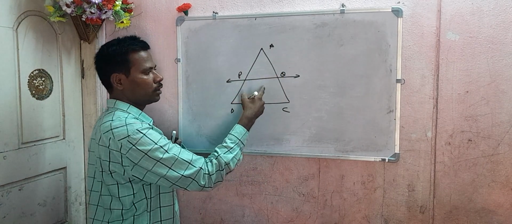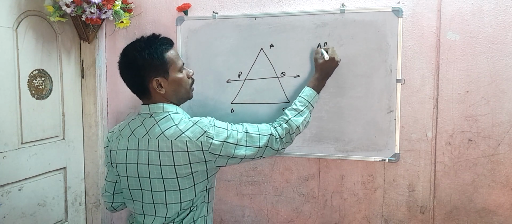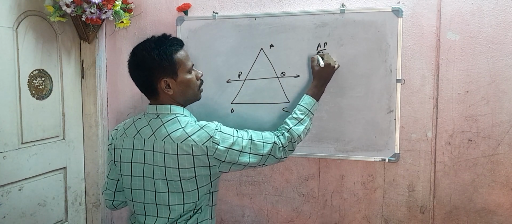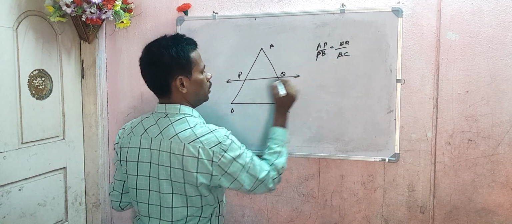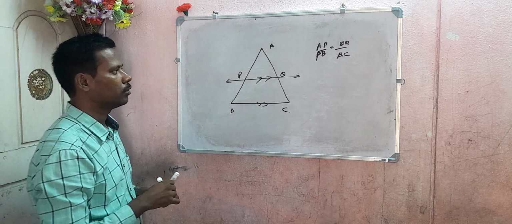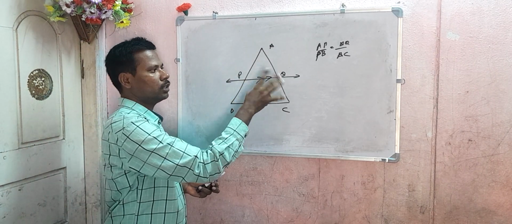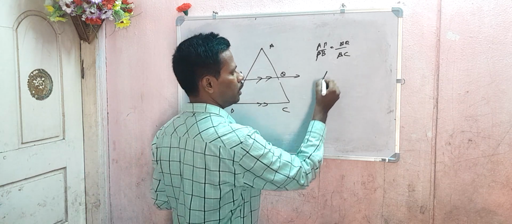If a line divides the other two sides in the same ratio, that means AP by PB is equal to AQ by AC, then this line is parallel to this one. That is the converse of the basic proportionality theorem. If a line divides the other two sides in the same ratio, then that line is parallel to the third side.